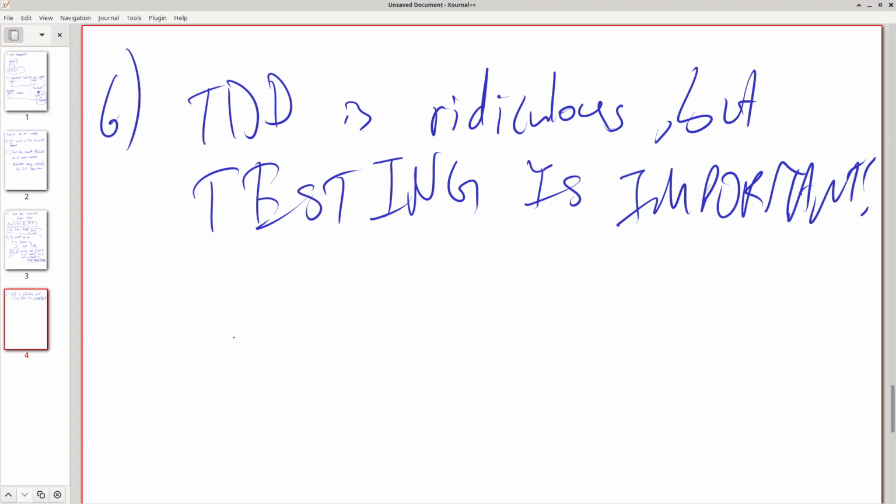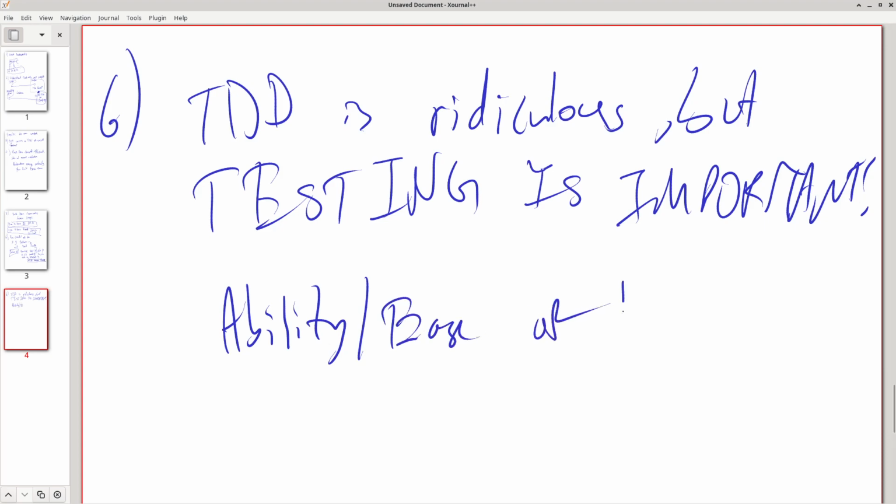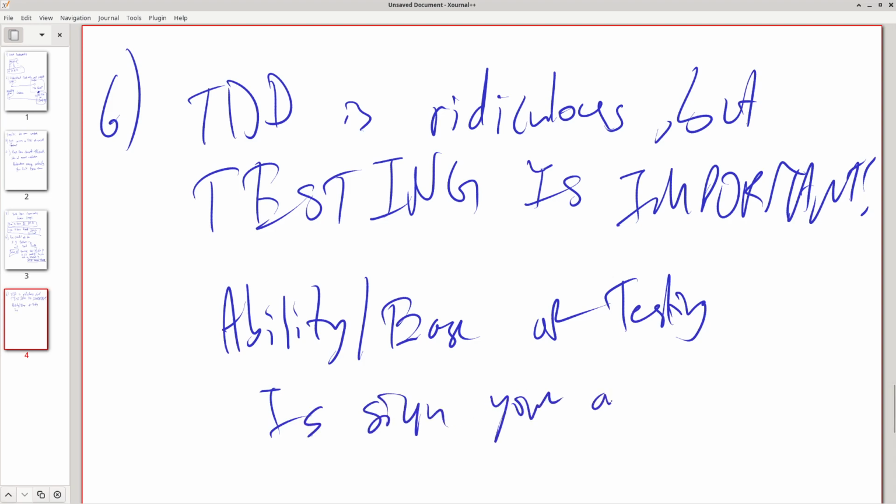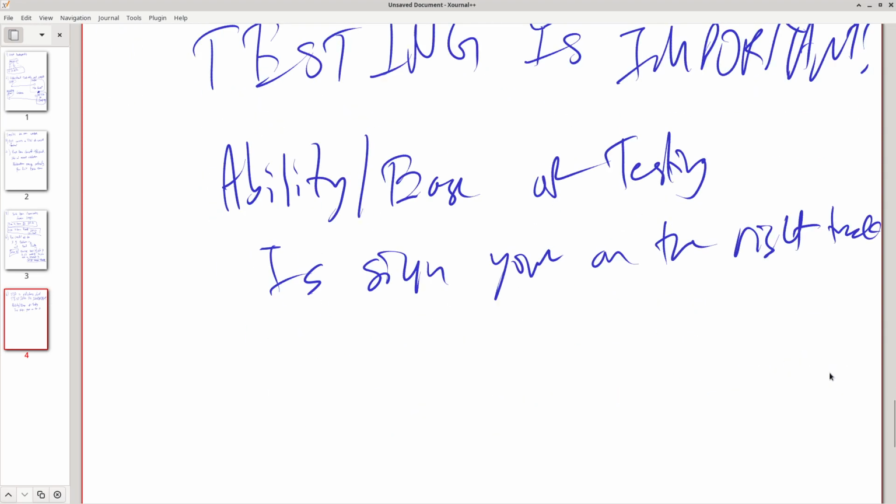The ease of testing your code is a sign of doing something right, of being on the right track. So if it's easy for you to logically separate your business logic tests from your high-level integration tests, that's a really good sign.